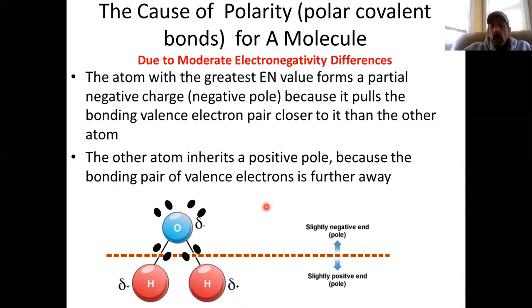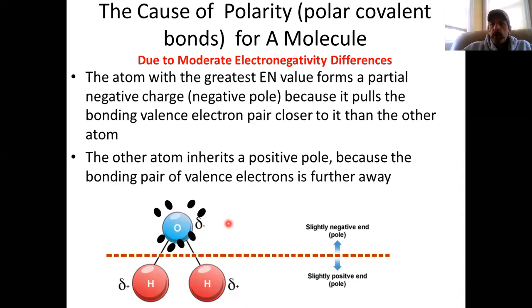So since oxygen has a higher electronegativity than hydrogen, it pulls the electrons that they're sharing a little bit closer to oxygen, like you see in the visual here. And now we get some partial poles, partial negative, because the electrons reside closer to the oxygen than they do the hydrogen. And we end up with polarity.